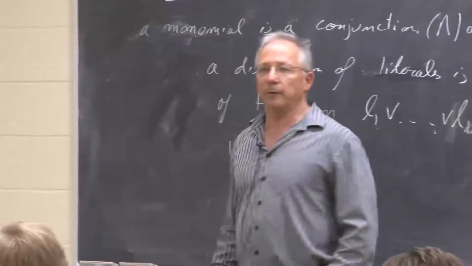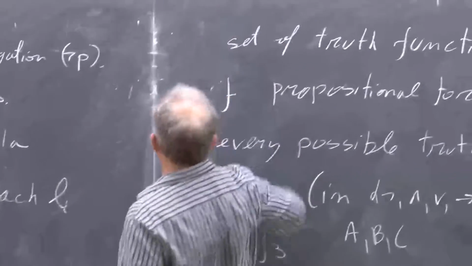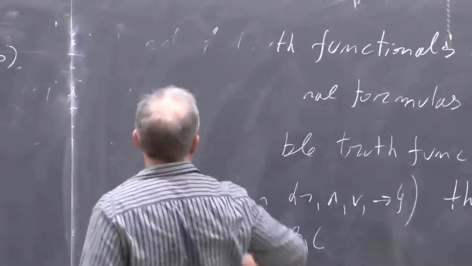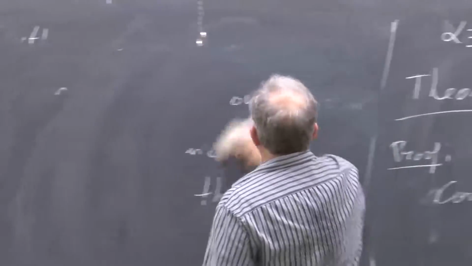Okay, so now what we are going to do is kind of describe this truth table. For every row in the truth table, we will write a monomial.